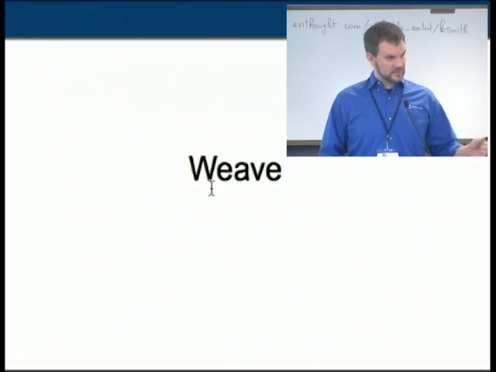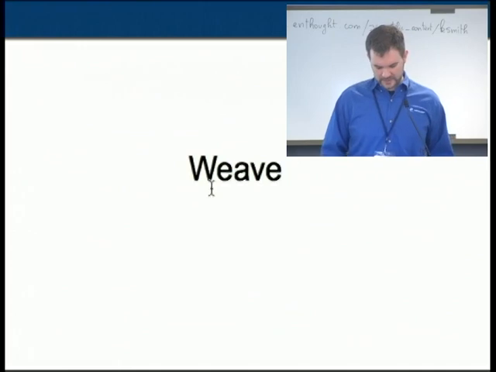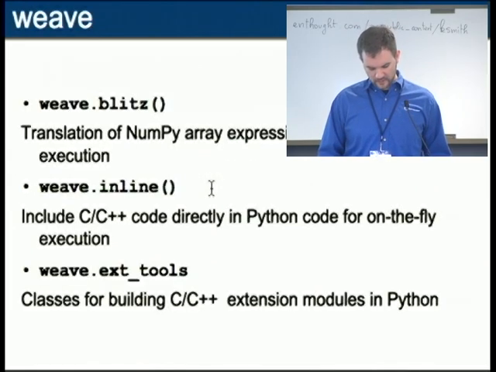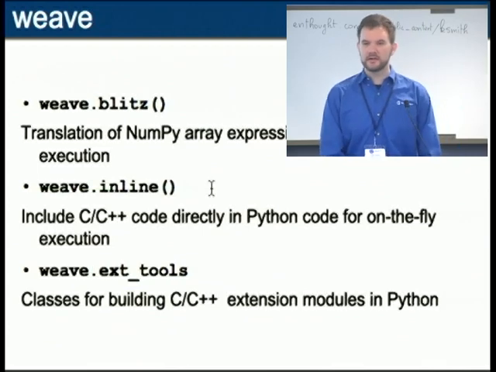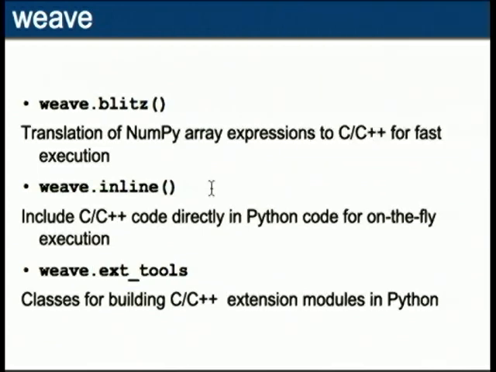Okay. Now, you mentioned Theano and non-expert. We're going to cover Weave here, which is a similar way of speeding up Python code. Weave is a way of taking an expression using NumPy arrays and handing it off to this entire infrastructure that knows how to parse that expression and stick it into a C++ file, compile that, run it, and give you back the result as if you had run it just in NumPy out of your interpreter.